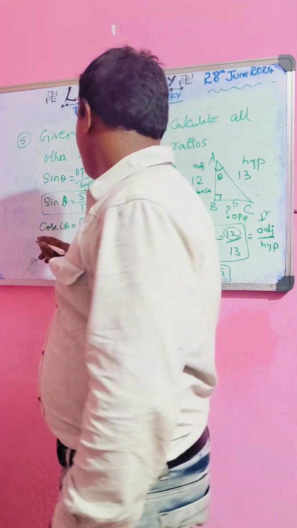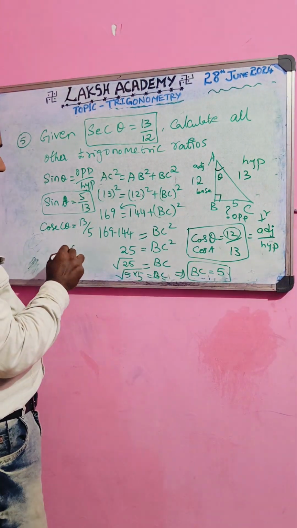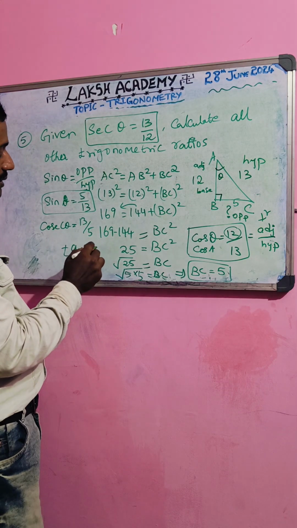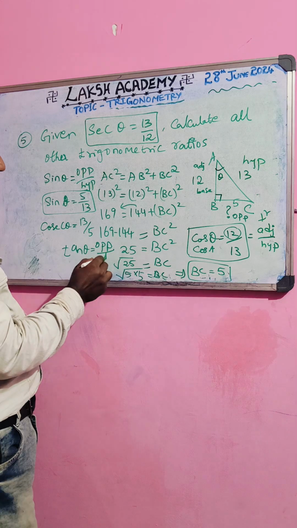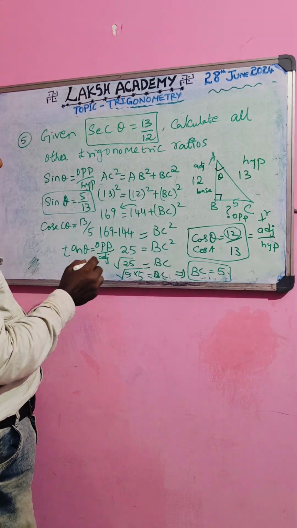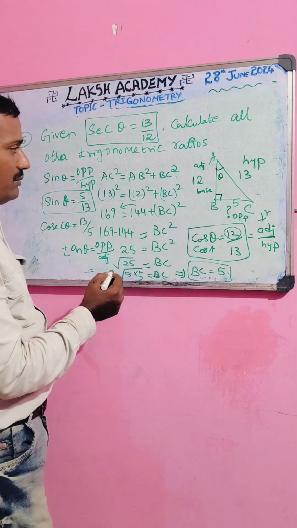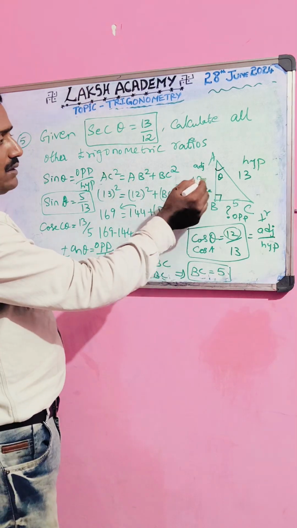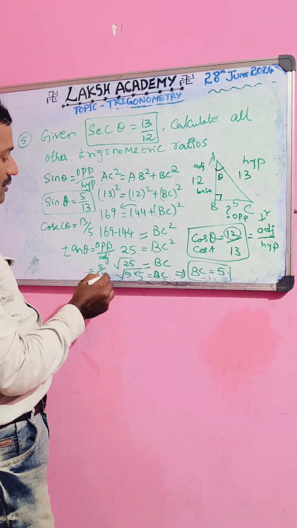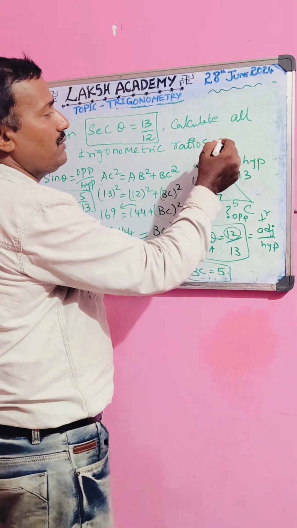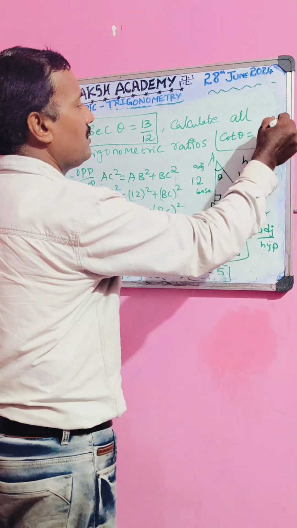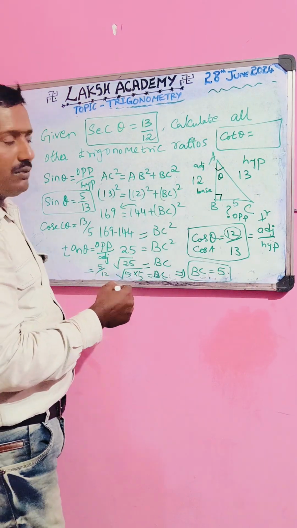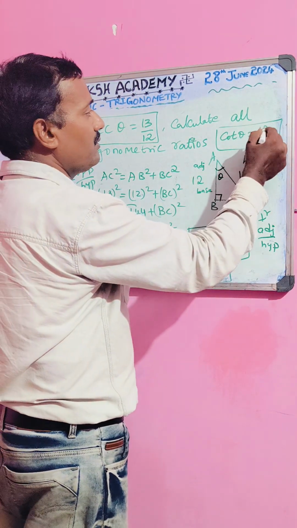And tan theta is nothing but opposite by adjacent. The opposite side is 5 and the adjacent side is 12, so tan theta is 5 by 12. The last one is cot theta. For tan theta we got 5 by 12, so cot theta is 12 by 5.